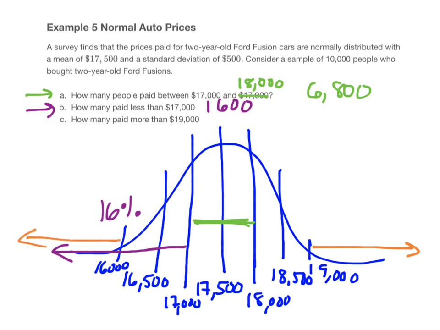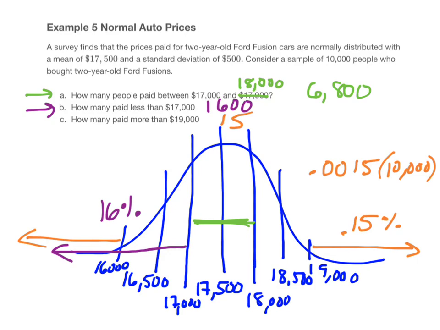And then if you cut that in half, that would mean that 0.15% of everyone would be up here paying more than 19,000. All right, so 0.15% as a decimal is 0.0015, and then that times 10,000 would give you 15 people.